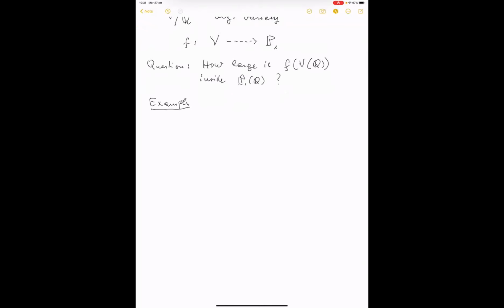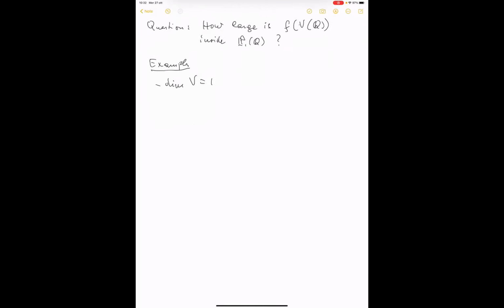The simplest examples we have when the dimension of V is 1. So V is a curve. And think of V, for instance, to be a plane curve defined by a polynomial equation in the plane. Say that it is irreducible, and we take f, for instance, the x-coordinate function. So what are we asking now?